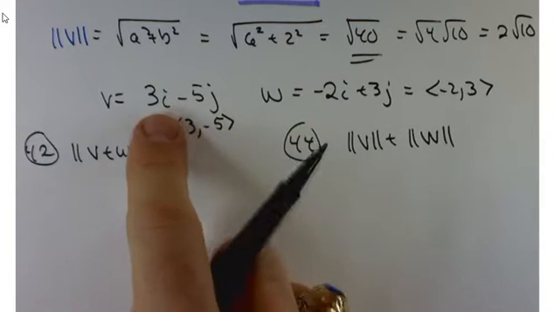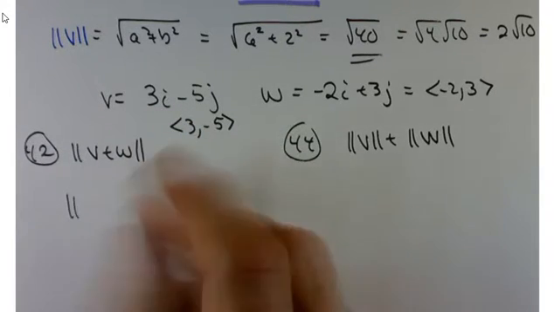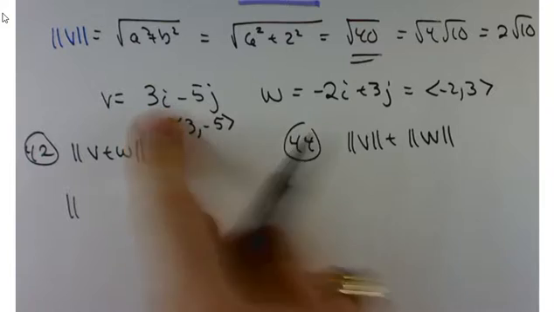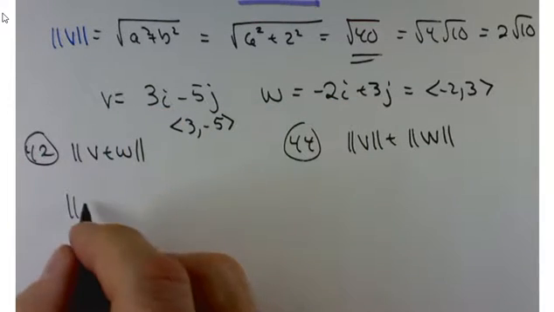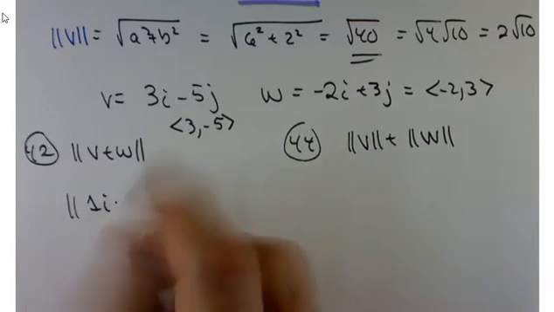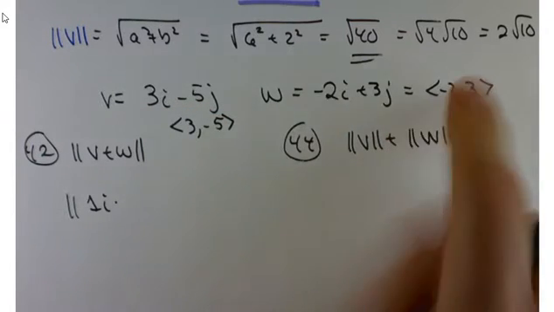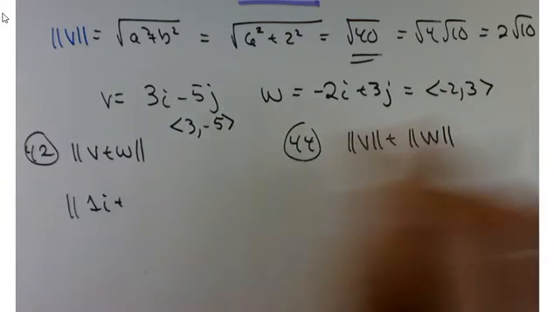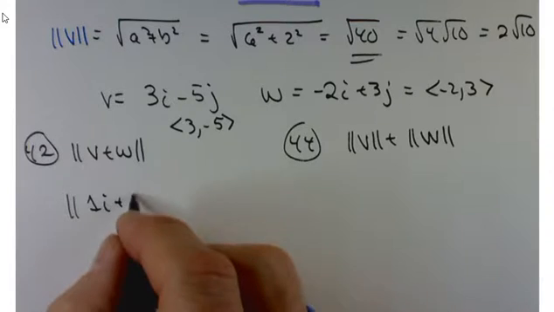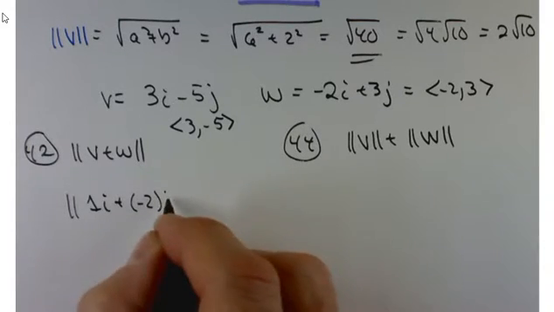But let's think. If I add v plus w, it's going to be 3 plus negative 2. That's going to be 1. Negative 5 plus 3 is going to be negative 2. So 1 times i plus negative 2 times j.